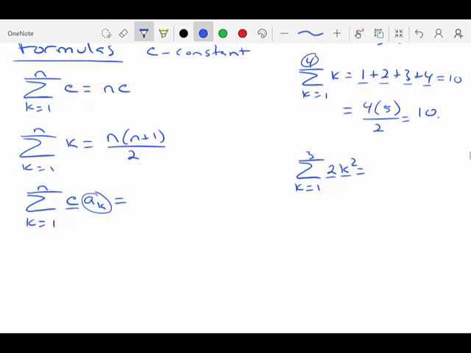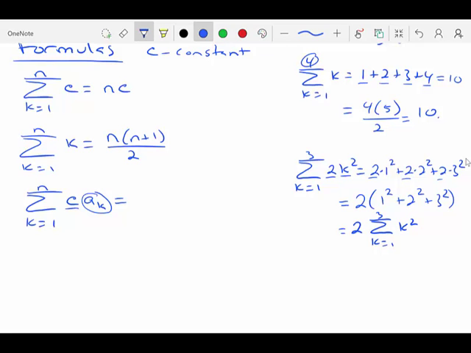So if I write out what the sum would be, it's 2 times 1 squared plus 2 times 2 squared plus 2 times 3 squared. Instead of adding all that up, if I looked at it and saw that there was a 2 in each one of these, I could factor that 2 out, and it would be 1 squared plus 2 squared plus 3 squared, which is the same thing as 2 times the sum as k goes from 1 up to 3 of k squared.